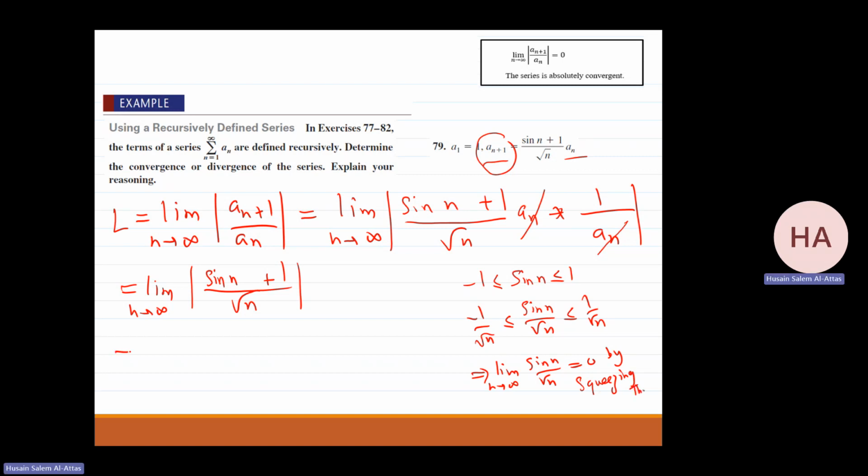Okay, so this limit will be the limit as n goes to infinity of two things, sine n over square root of n times 1 over square root of n. And this is 0, so I'm getting 0. So that means the series converges absolutely.